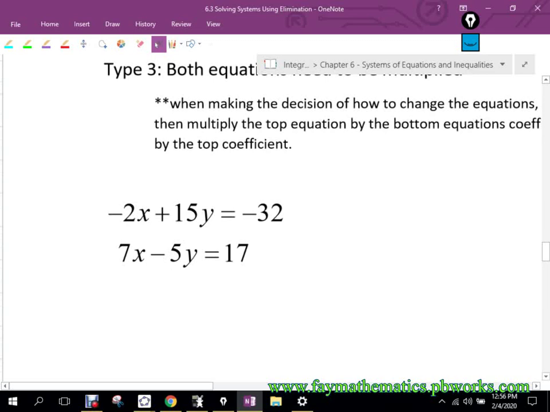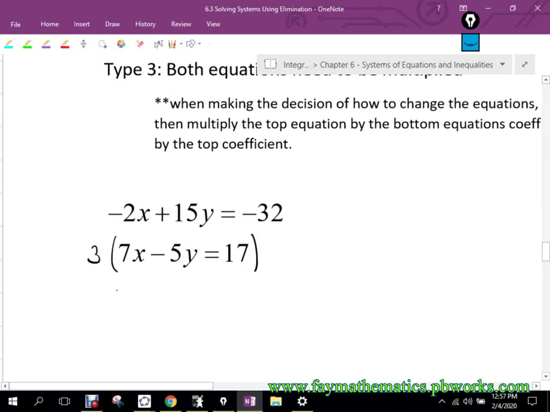Okay, so what I want to do here real quick, I want to change this equation real quick. So we're going to change this number right here to a, so let's go ahead and keep it here then. So you say multiply bottom one by 3, right? Why are you going to do that?